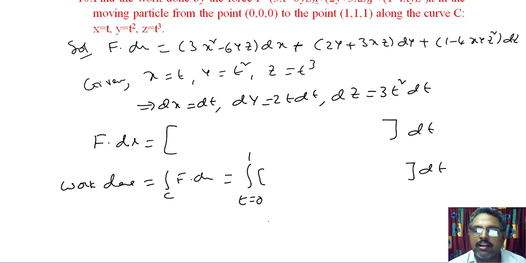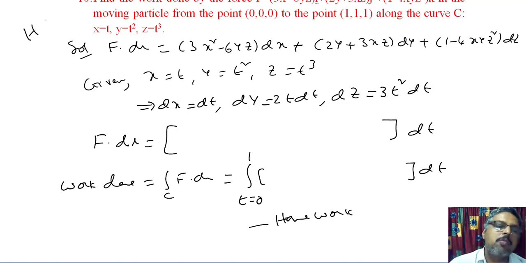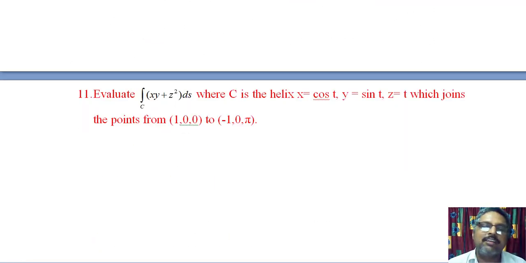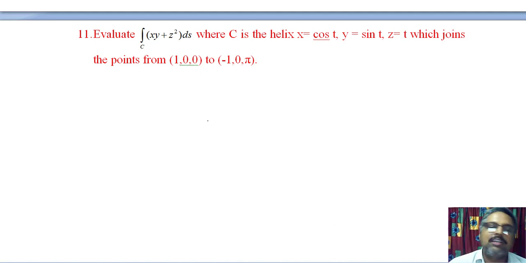So I will give a small clue to you. Xy plus z square ds, now multiply and divide with dt. What is ds? Already x value is known, y value is known, z value is also known. Just substitute all these values in this integral.